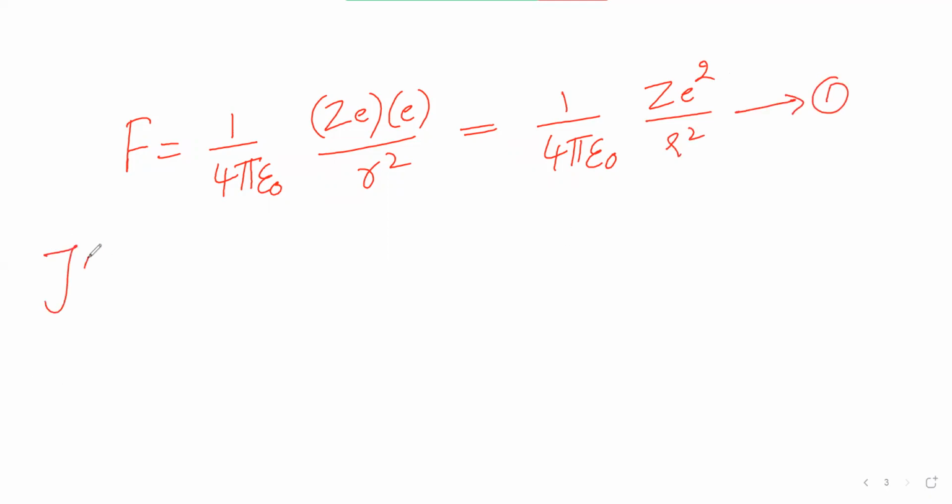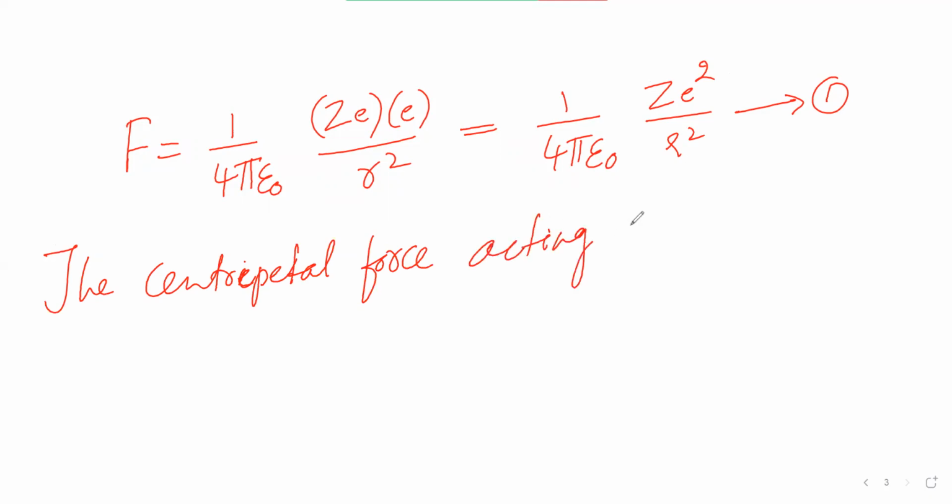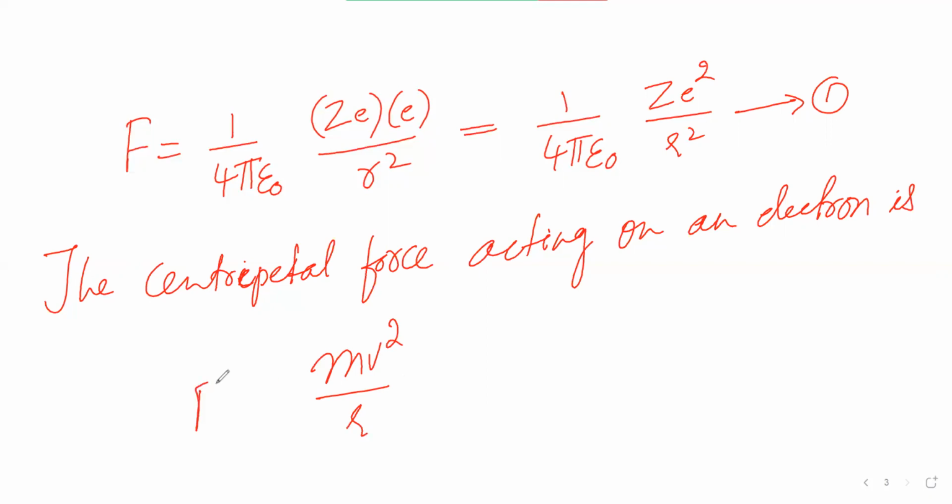Next, the centripetal force acting on an electron is mv square divided by r. Let us take Fc as the centripetal force. I will call it equation number 2.